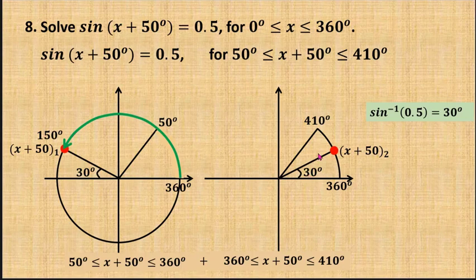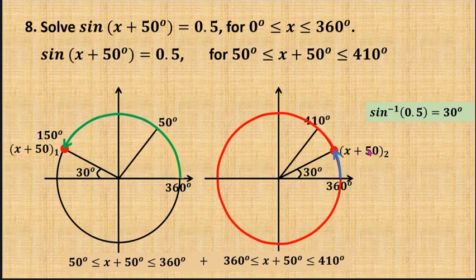The second angle, even though it is in the second circle, still needs to start from 0. So start from 0, following the direction of anti-clockwise. After finishing the first circle, then continue to the second circle until the second angle.